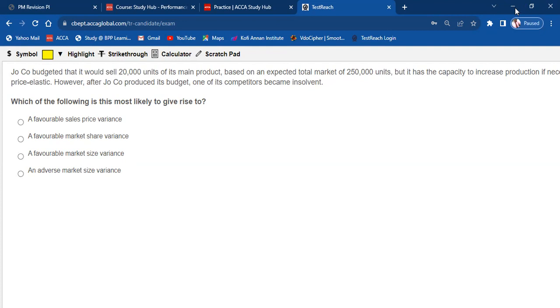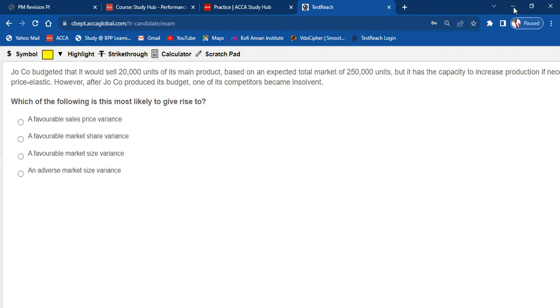So originally, I'm not going to increase in size, but I'm just going to use my extra capacity to cover for the insolvency of the other person. So I'll grow in shares, not in size. So my size will be the same. I'll use my extra capacity to grow. Great point.